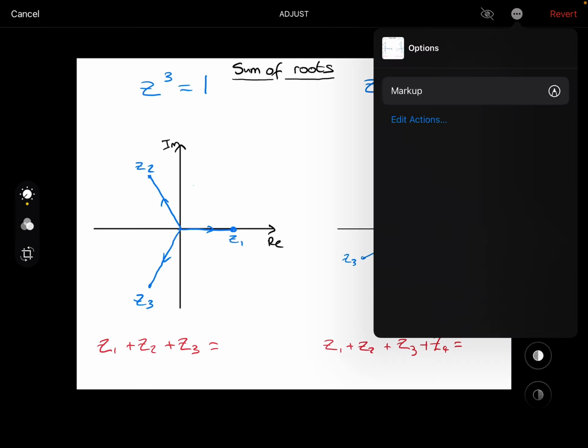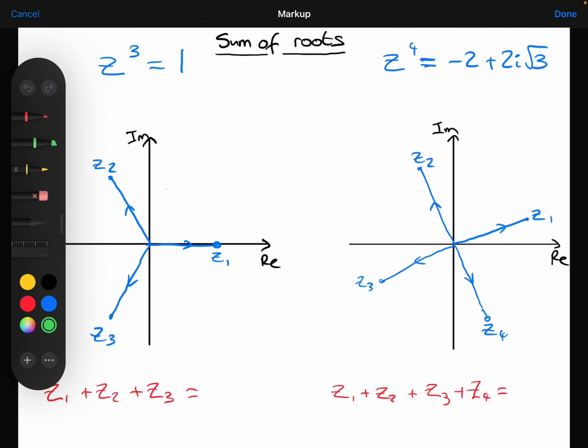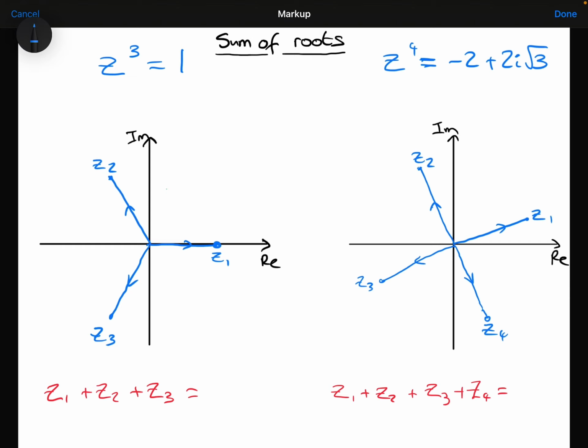Final thing to say, the sum of each of the roots. Now I could do this manually. Remember that z1 was 1, z2 was minus a half plus root 3 over 2 i, and z3 was minus a half minus root 3 over 2 i.